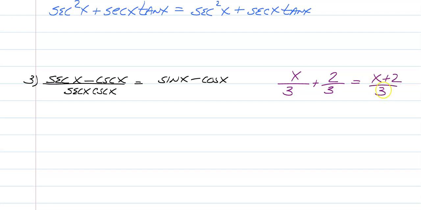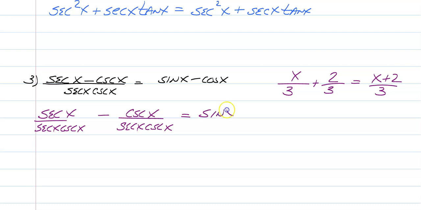So if we wanted, we can say that x plus 2 over 3 can just split into this. So if we're going to split a fraction, we can just split this to secant x minus cosecant x and give each one of them the common denominator it came from.